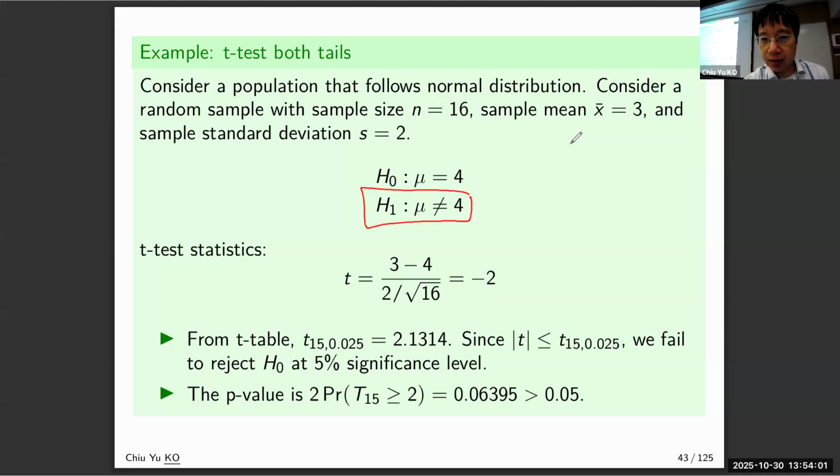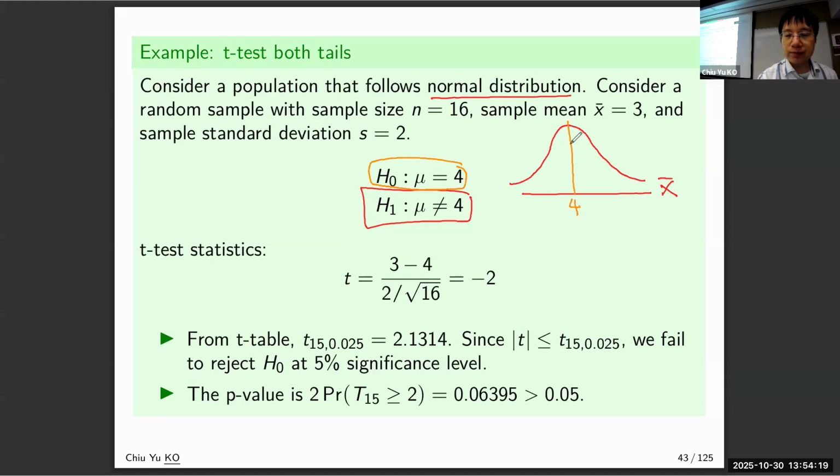So again, because it's normal, our sample mean is also the bell curve. And under the null, we have this 4, so it's here. And we are saying that H1 is not equal to 4, right? So that means if too large or too small, you reject, right?